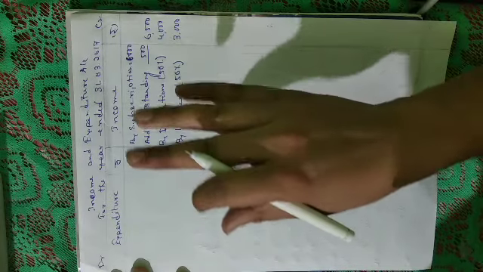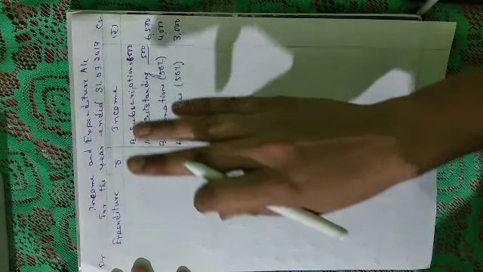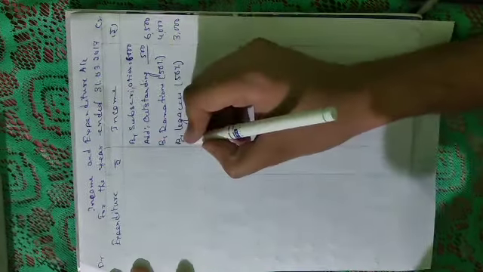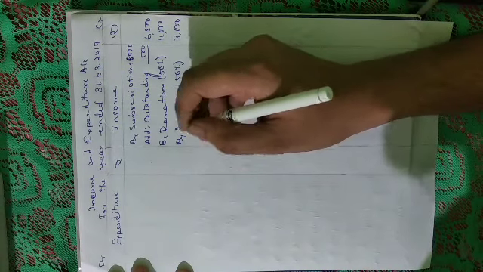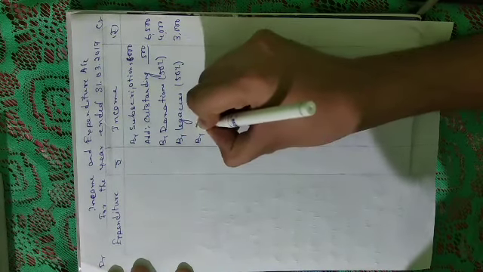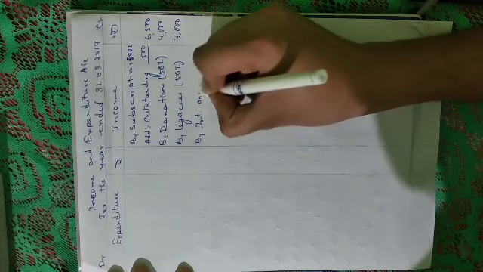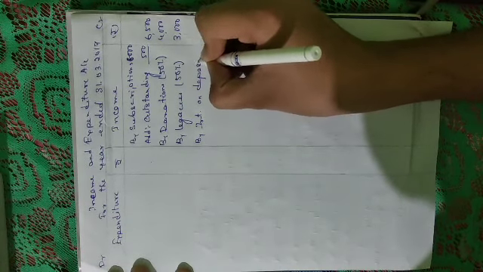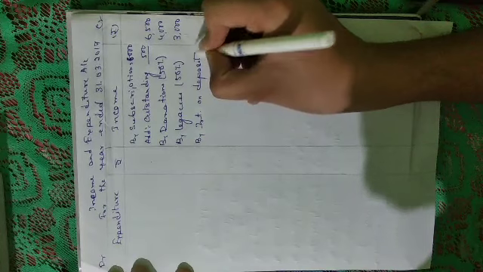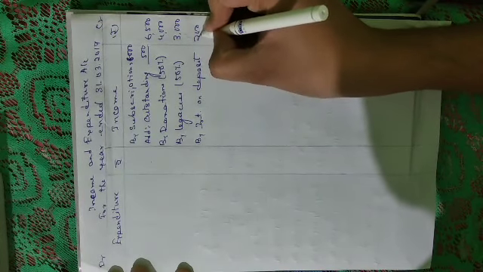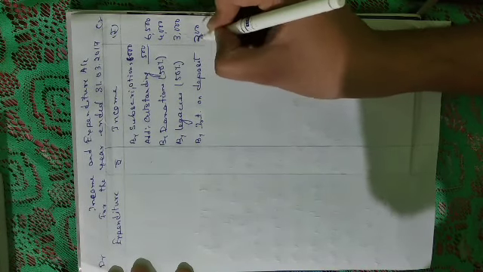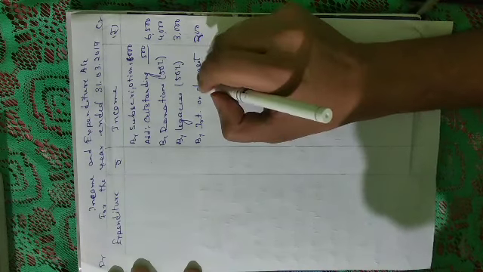It will not be considered in the income and expenditure account. Next, by interest on deposit, amount is rupees 200.